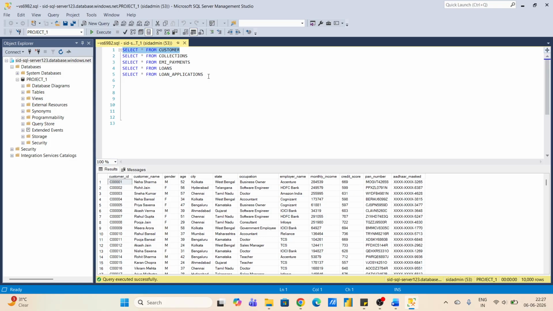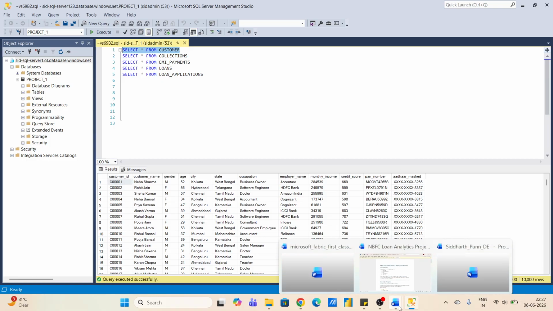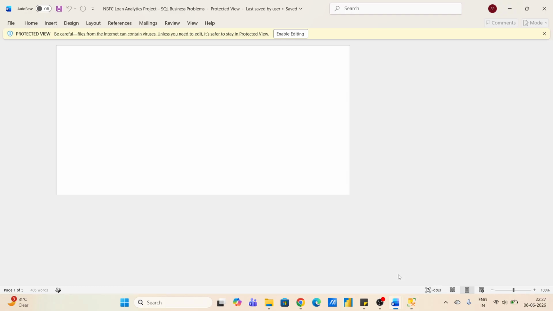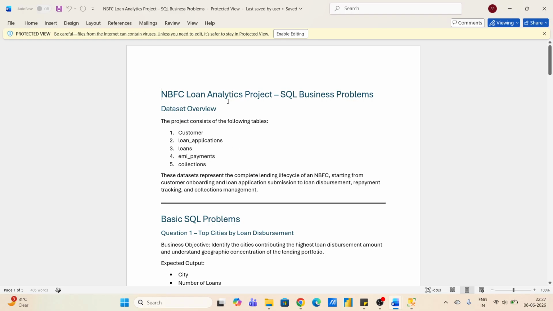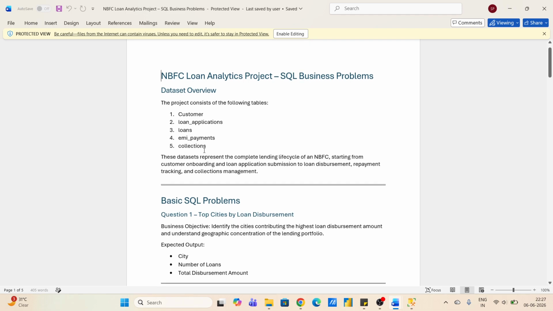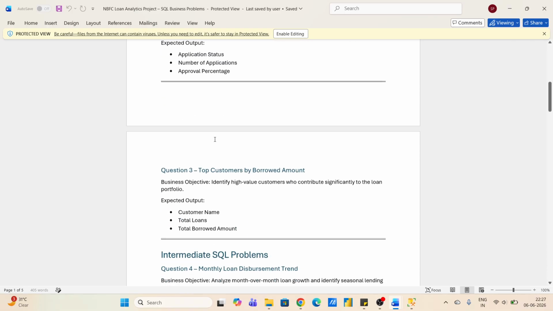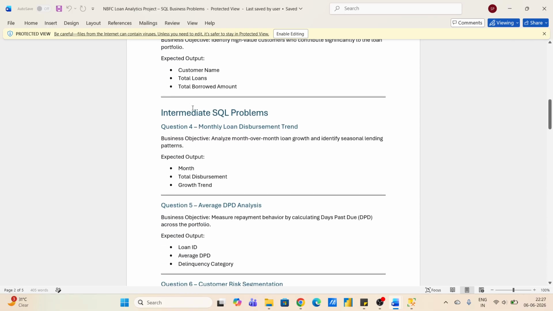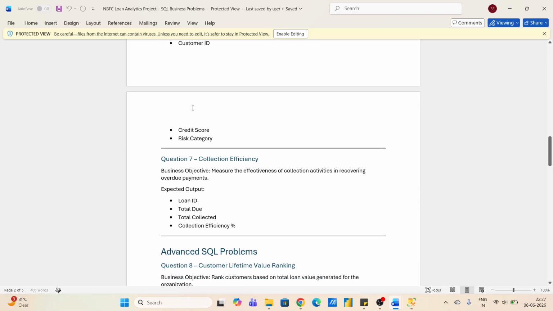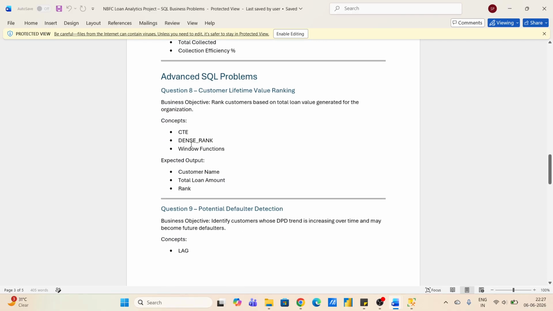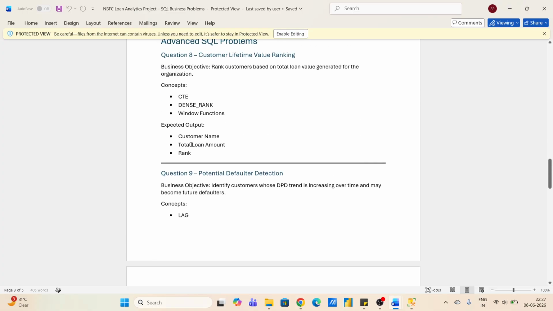So all the business case studies, like what is delinquency. I can show you what questions I would be covering in the SQL part. This is the NBFC loan analytics project, with customer tables and so on. There are a total of 10 questions that I would be covering: three easy, four intermediate, and three advanced SQL questions, right?